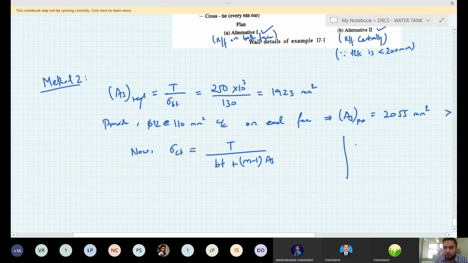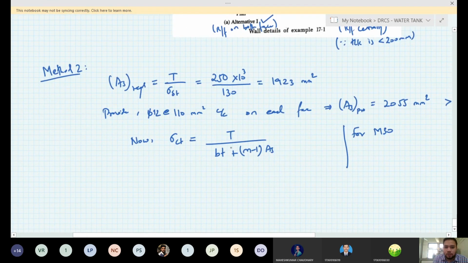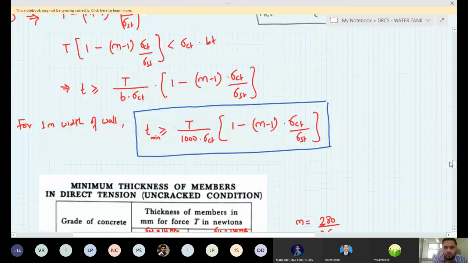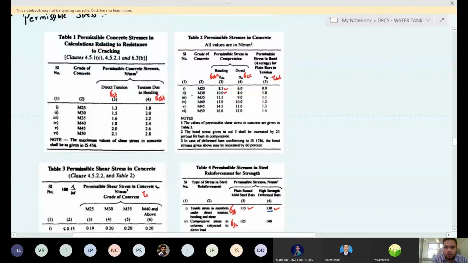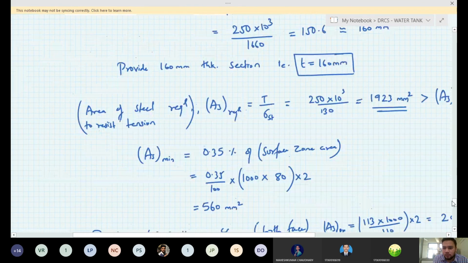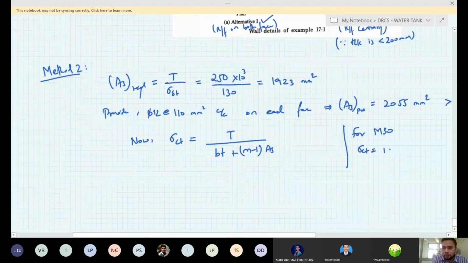Now for M30 grade of concrete, the value of sigma CT is 1.5 MPa.